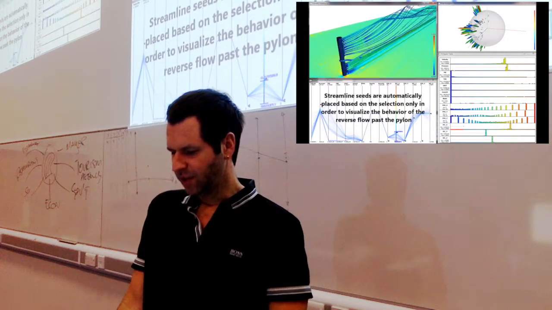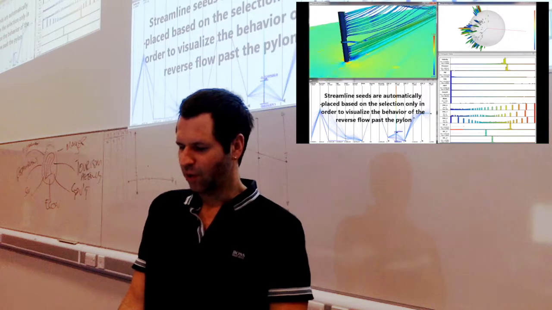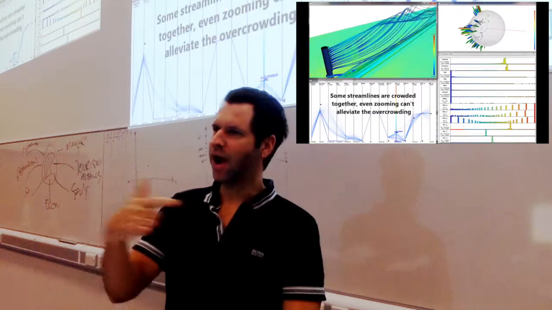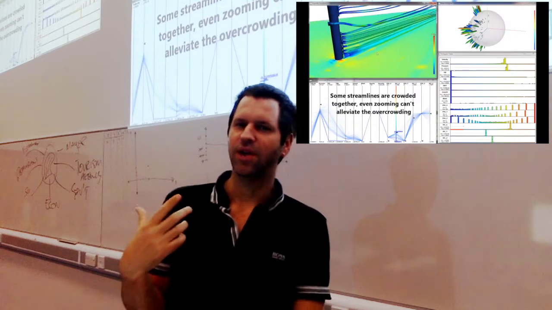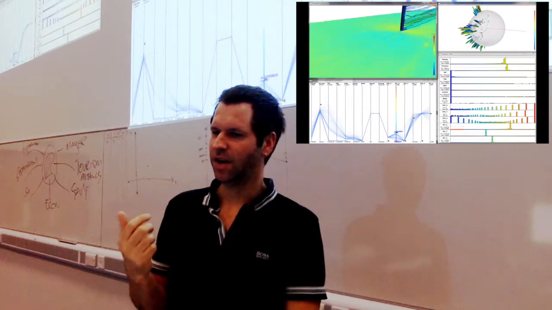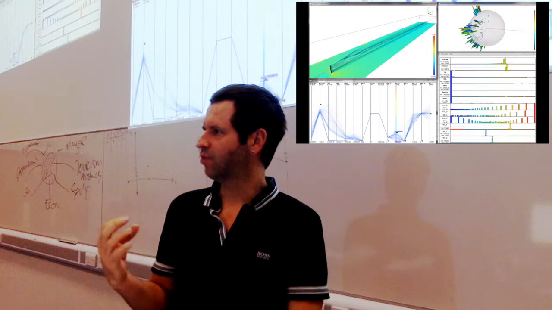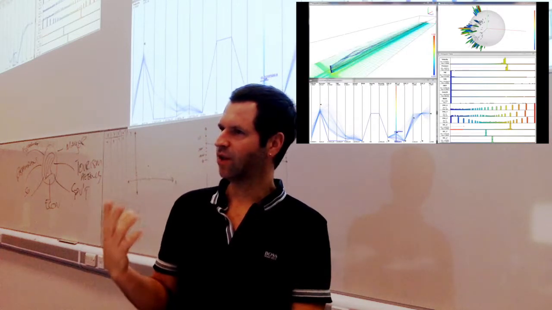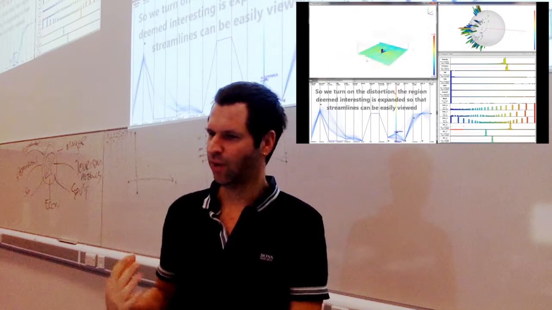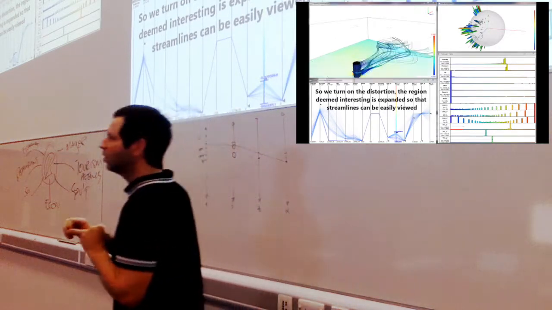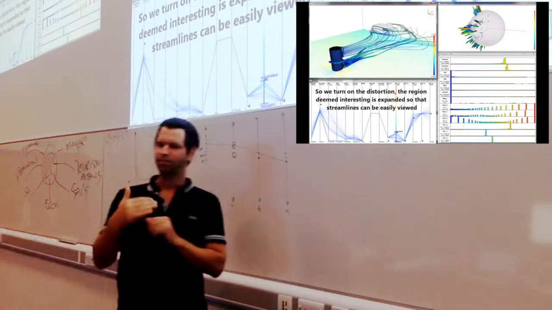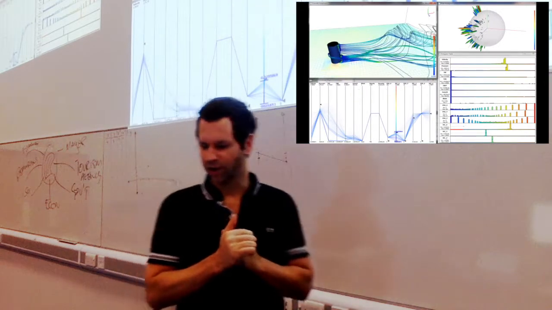So in this case, the engineers wanted to know, where does the flow go backwards or upstream? That's a simple question conceptually, but with standard software tools, it's a difficult question to answer. It's very difficult to search manually for flow that flows in the wrong direction.